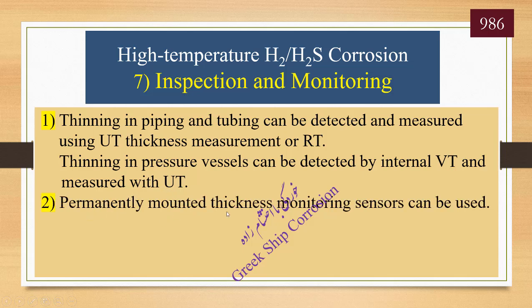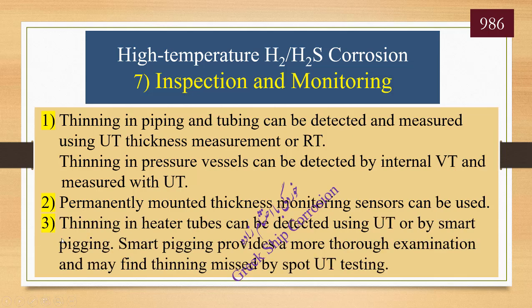Permanently mounted thickness monitoring sensors can be used. 3. Thinning in heater tubes can be detected using ultrasonic testing or by smart pigging. Smart pigging provides a more thorough examination and may find thinning missed by spot ultrasonic testing.